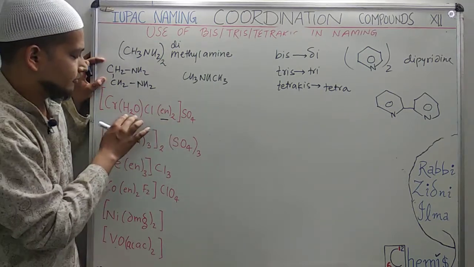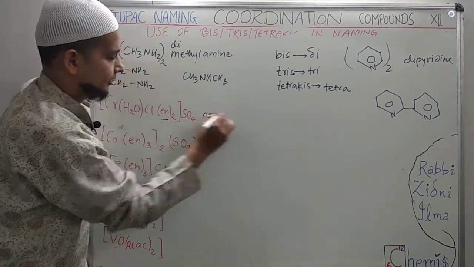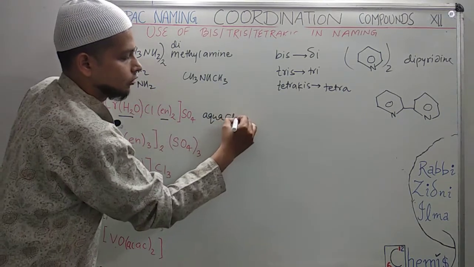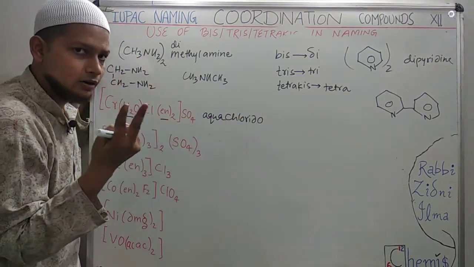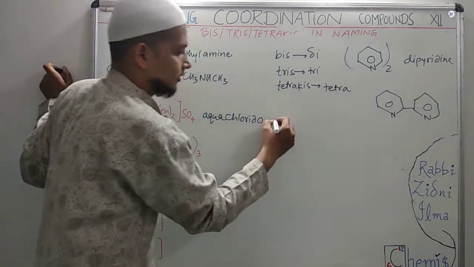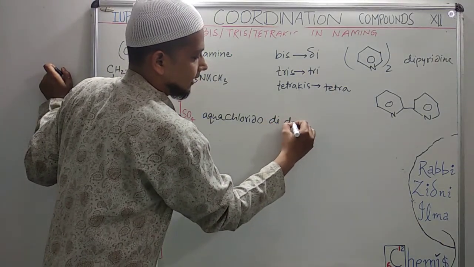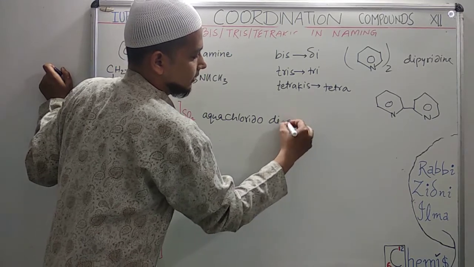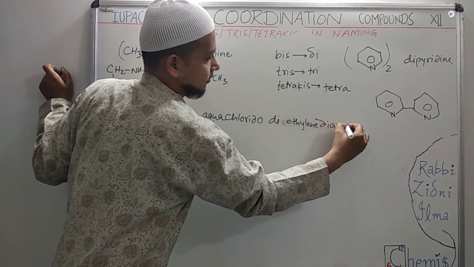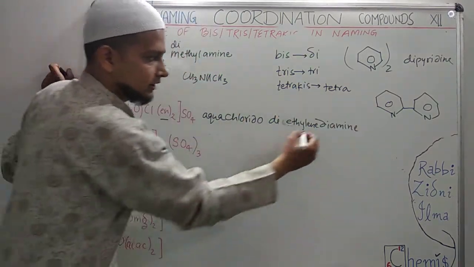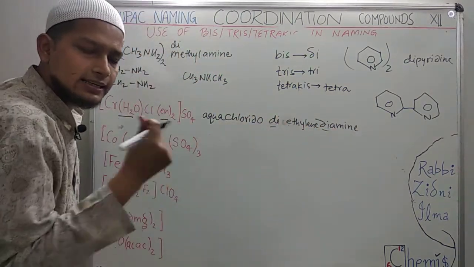Now the naming. First is aqua, the water. Then comes Cl, chlorido. Next up we have 2 en. So we will not write diethylene diamine. Do not write this because it contains di. It will create some sort of confusion.